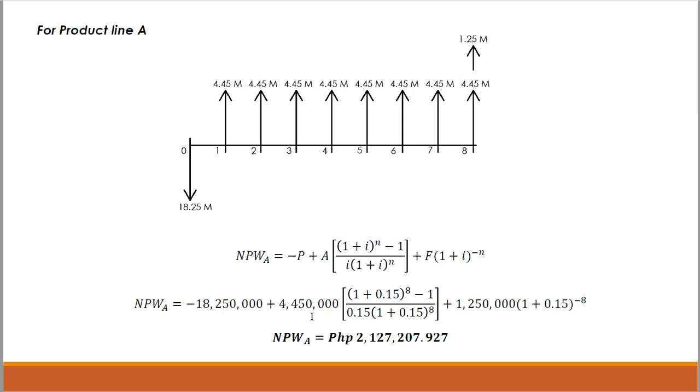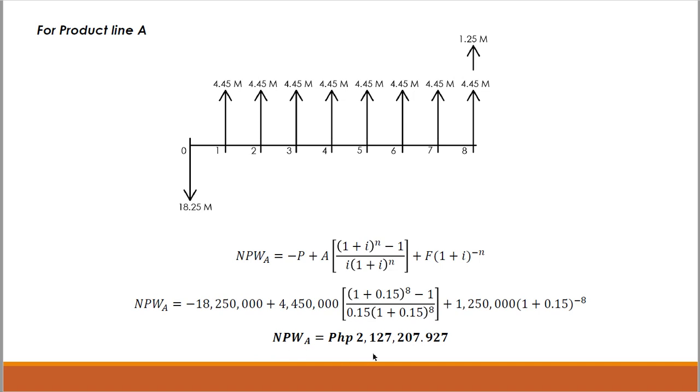And then we also have itong net annual gains natin or revenue or profit. Again, ito ay yung difference between the annual revenue and the annual cost, the maintenance and operations cost natin. Okay? So ito na yon, 4.45 million plus yung present worth ng salvage value natin. So we have a net present worth of, ito na yung present worth.